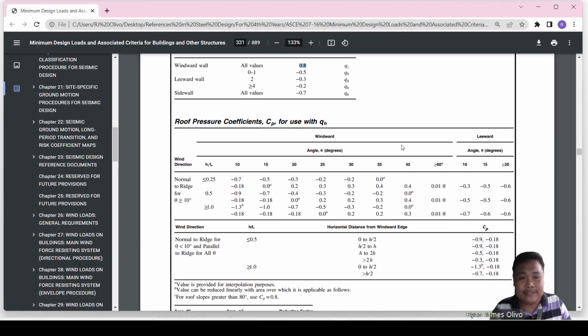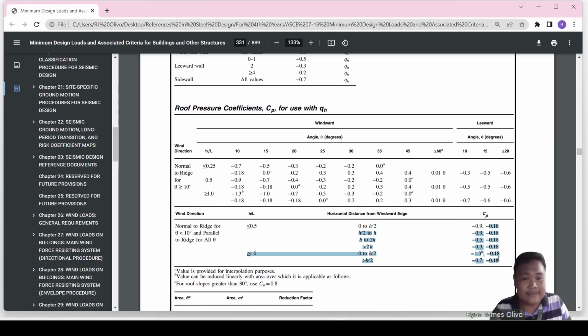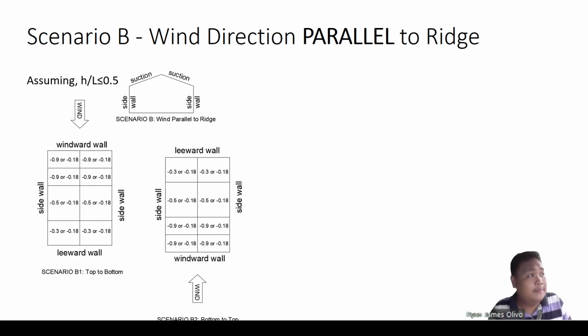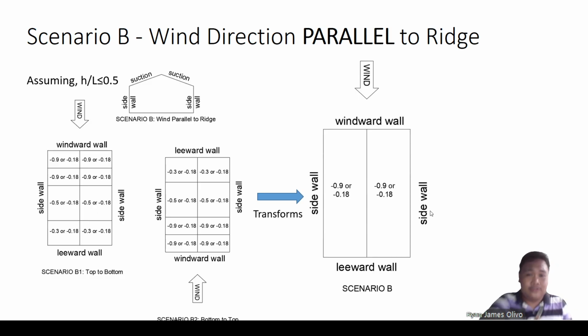Negative 0.18 is the same for all. Just bother about negative 0.9, 0.5, negative 0.3, 1.3, 0.7. But like I said, I can transform it into this one only. So instead of doing this with different regions in the roof, just use negative 0.9 or negative 0.18.